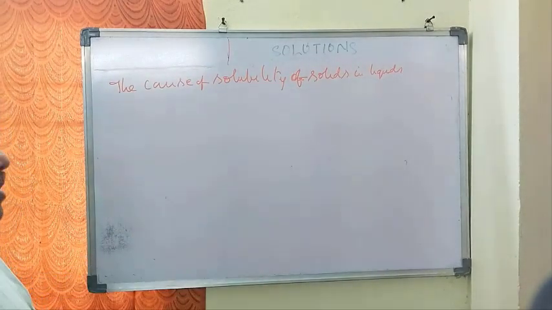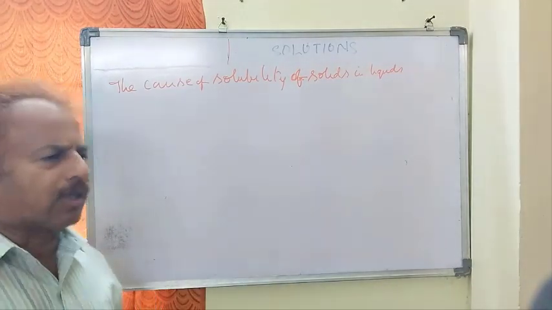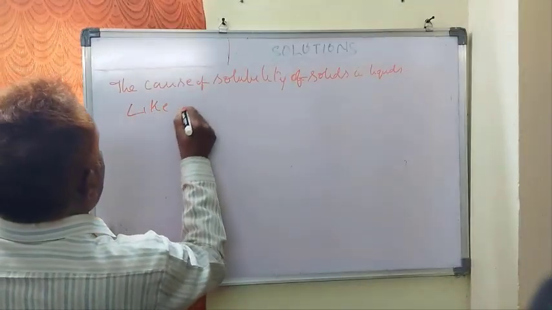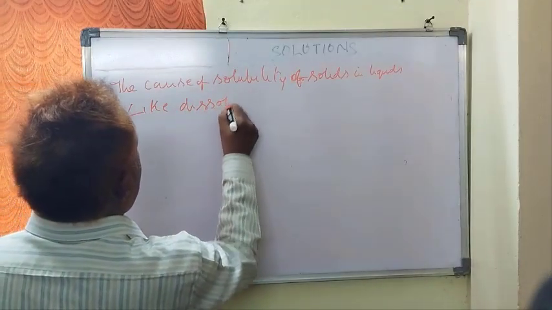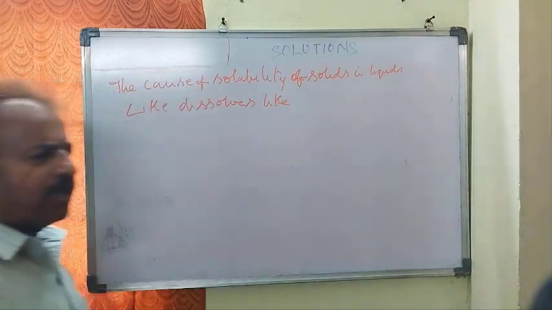Then what causes the break of original interactions and the formation of new interactions? This depends on the general statement that like dissolves like. What does it mean, like dissolves like?